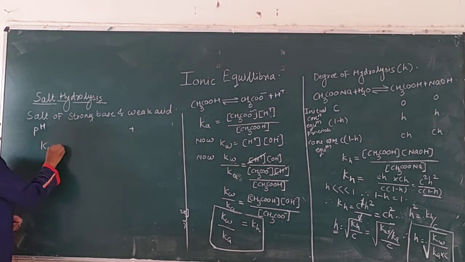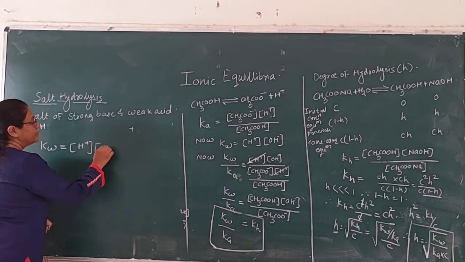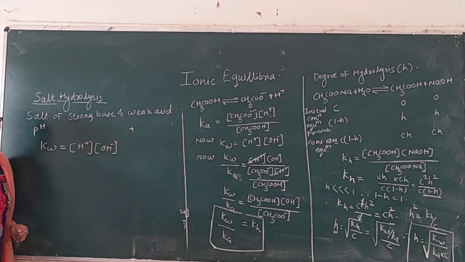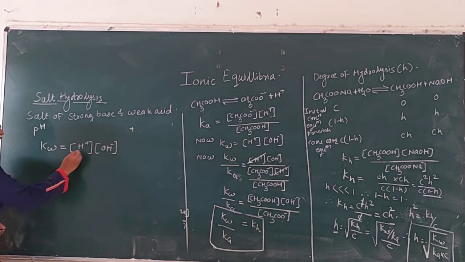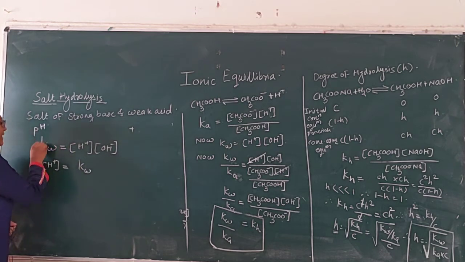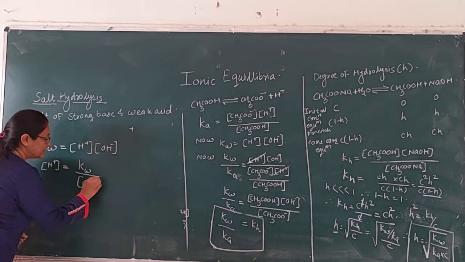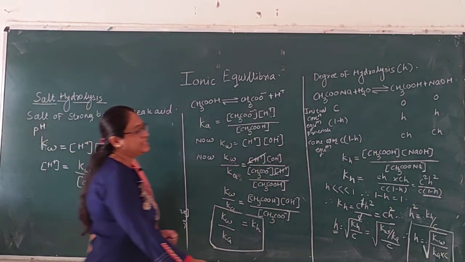First we will consider the ionization constant for water, which is equal to H plus concentration into OH minus concentration. So therefore, H plus concentration will be equal to simply Kw divided by OH minus concentration.